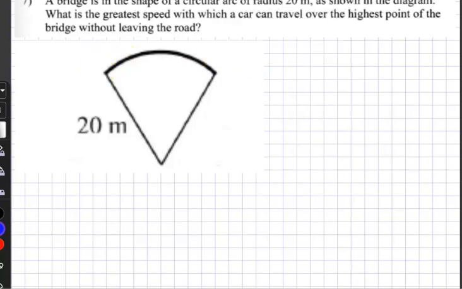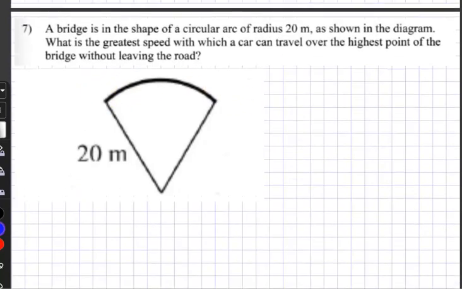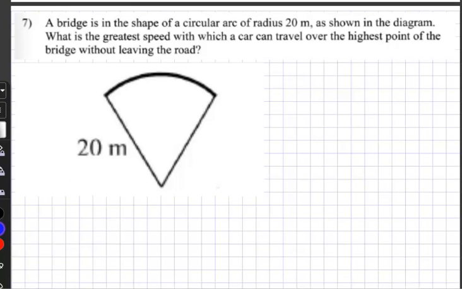Okay, so a bridge is in the shape of a circular arc, radius 20 meters, as shown in the diagram. What is the greatest speed with which a car can travel over the highest point of the bridge without leaving the road? So we're going to need to draw a diagram and get some sense of what's going on.